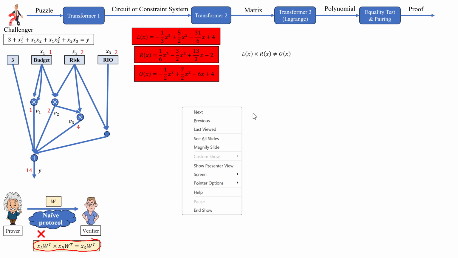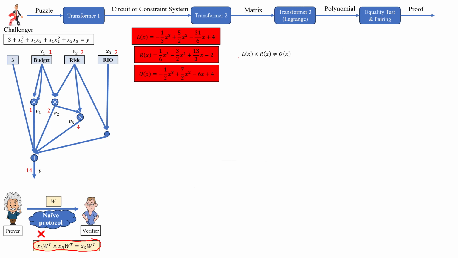So let's, for instance, assume that this is the verification test for the verifier. This will not be a correct test, right? Because L of x here is of degree 3, and R of x is of degree 3.